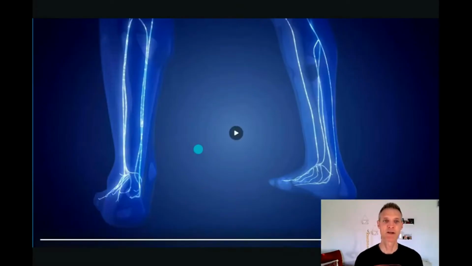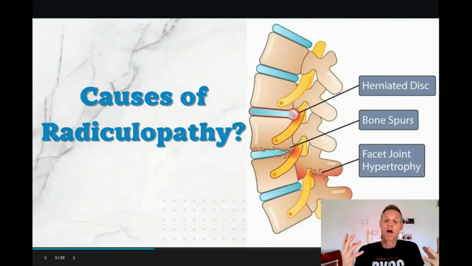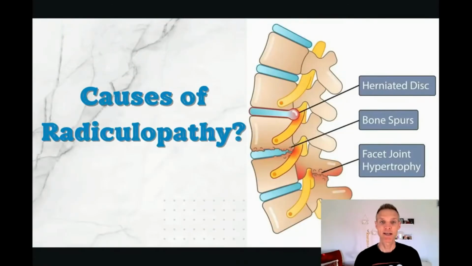So what actually causes radiculopathy? Here are different causes. It could be a herniated disc, bone spurs, or facet joint hypertrophy. That's a fancy way of saying arthritis in these joints of your spine. So the bones get worn down, and you get bone spurs from that, protruding into the space where the nerve comes out.